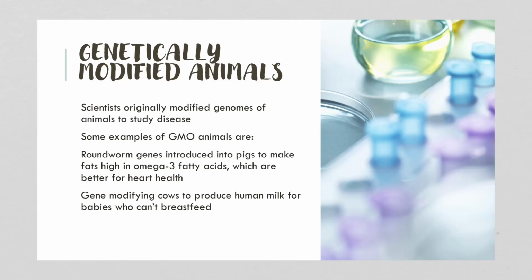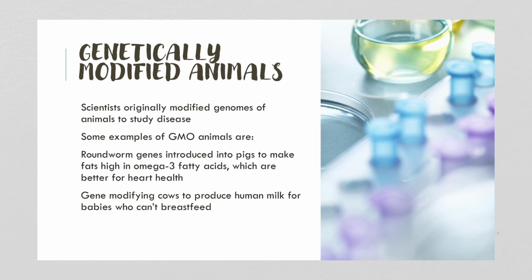We can also genetically modify animals. Scientists originally modified the genomes of animals to study disease. So let's say modifying the genome of a mouse so that you can study cancer, make the mice more susceptible to cancers, and then you can try to treat the mouse to see if a chemotherapy treatment works to treat the cancer, and so on.